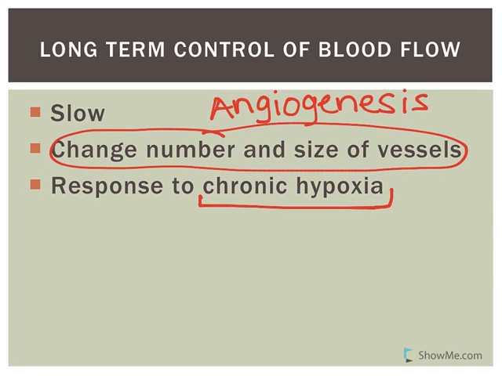So long term, where you're not getting enough oxygen, it's going to say, I can't deal with this anymore. I need to be able to get more oxygen. And so your body says, I need some more blood vessels, but it does take some time.